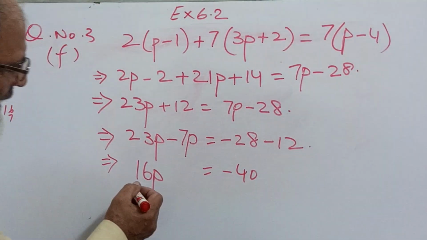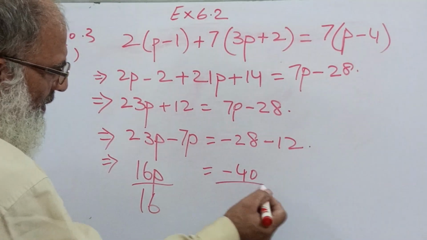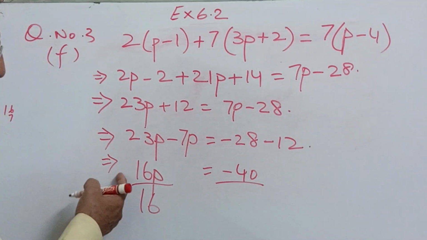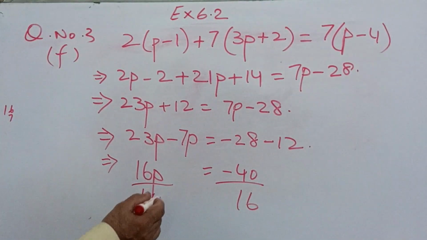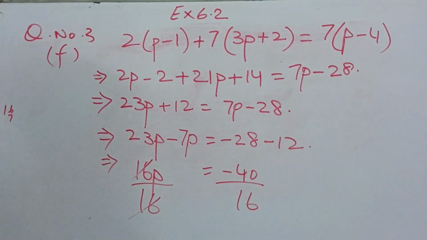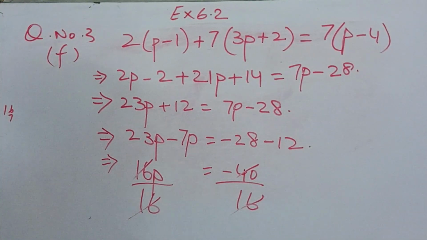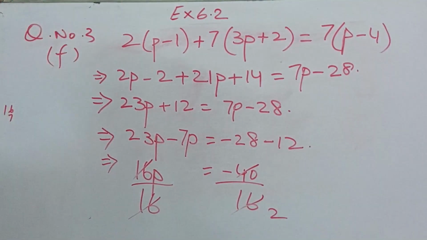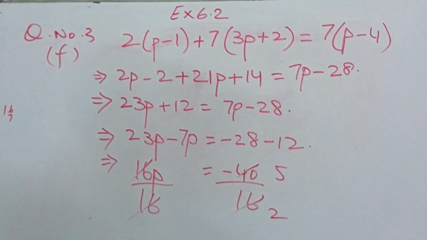Again, the value of p has to be found. So I will be dividing both sides by 16. Now this is divisible by 8 also. 8 times 2 is 16, and 8 times 5 is 40. Now it has come to minus 5 upon 2.